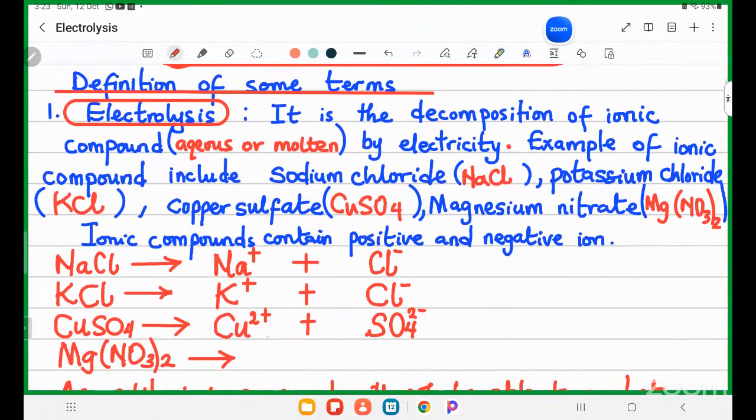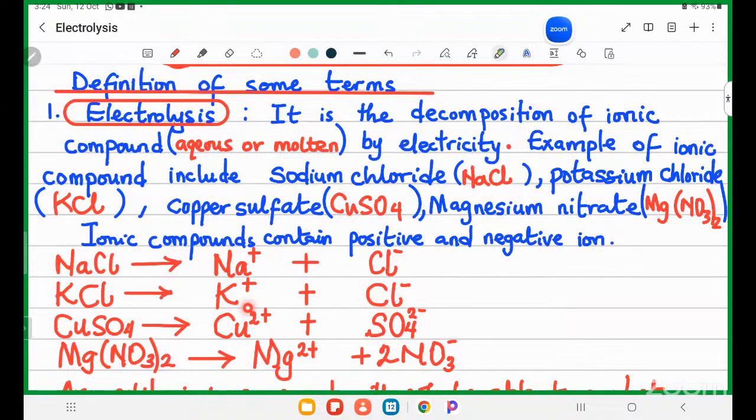Similarly, magnesium nitrate will give magnesium ion and nitrate ion, NO3 minus. But you need to balance this one, so you add 2 there.